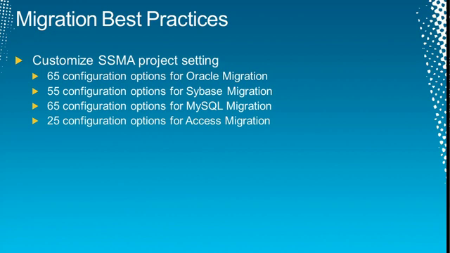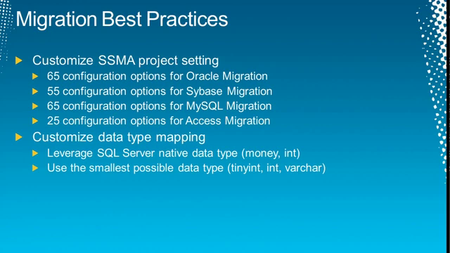There are 65 different configuration options when you migrate from Oracle. Everything is already set to optimize for the most common scenario, but you might have specific business requirements that are slightly different, and this is where you can tune the different options available for the database migration.